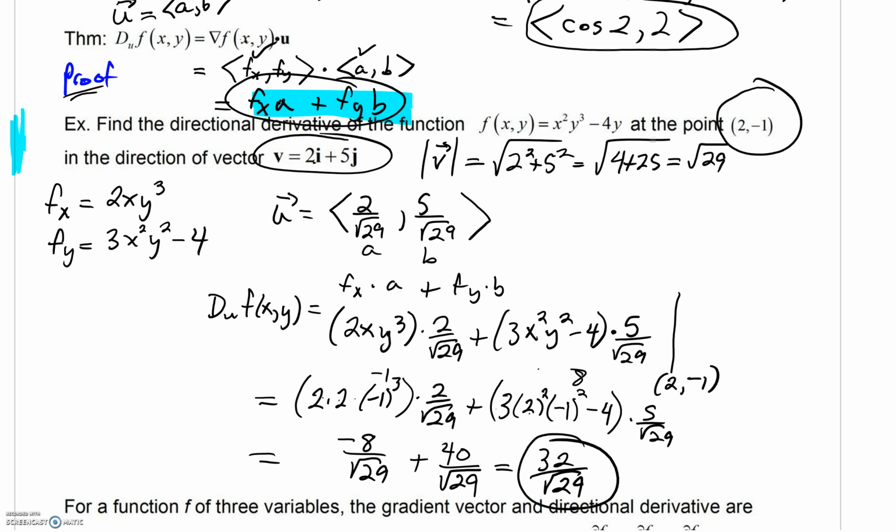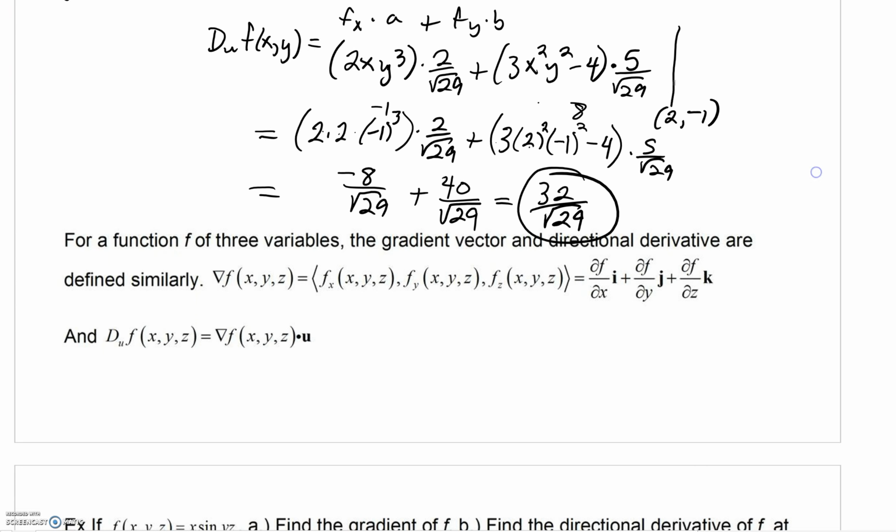Okay, we doing okay? Let's go to the very bottom here. You could say, what if you move to 3 variables? What if all of a sudden you had a function of x, y, and z? Well, the gradient would be the partial derivative of f with respect to x as the x component, partial derivative of f with respect to y for the y component, partial derivative with respect to z for the z component.